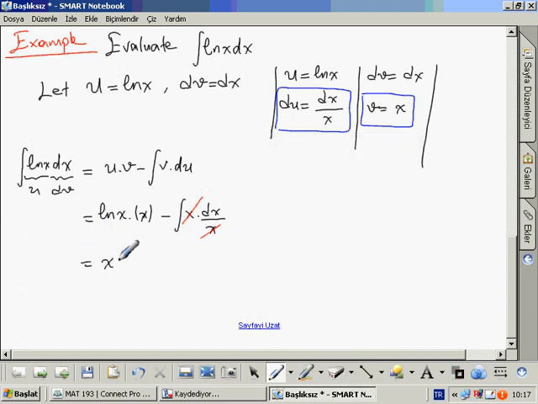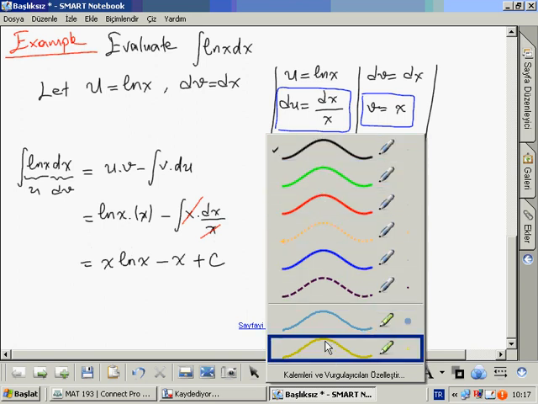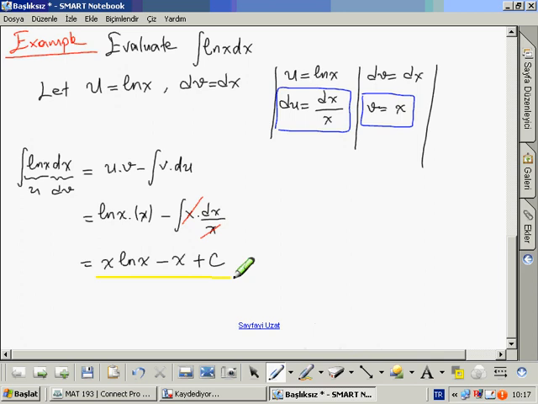So x ln x minus x plus c, which is the integral of ln x.